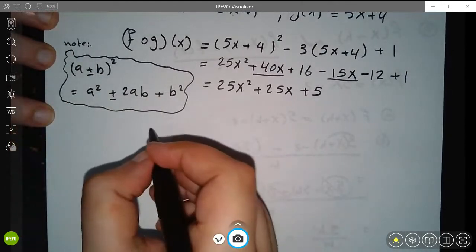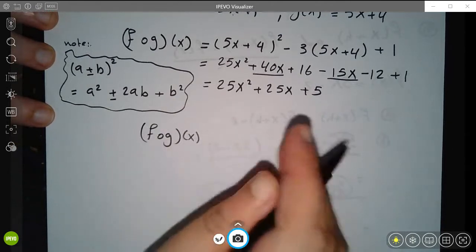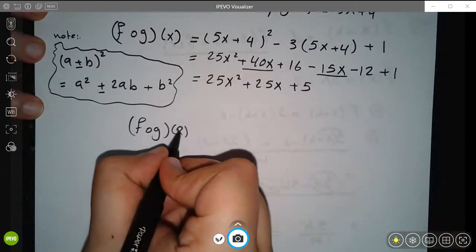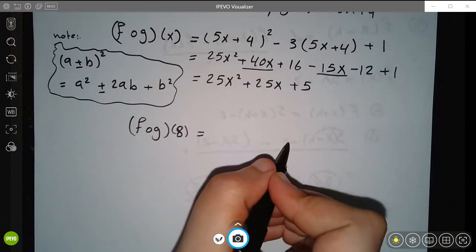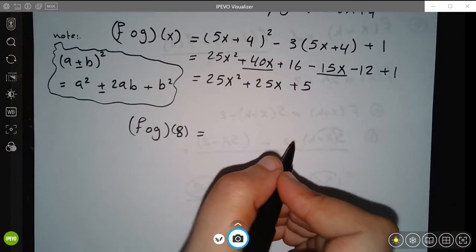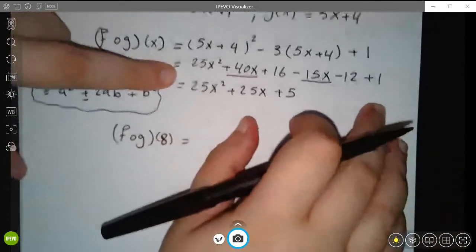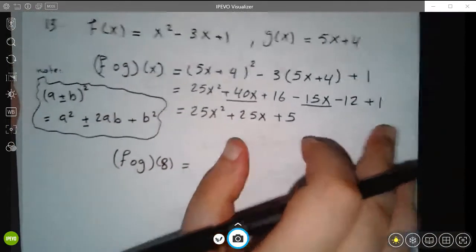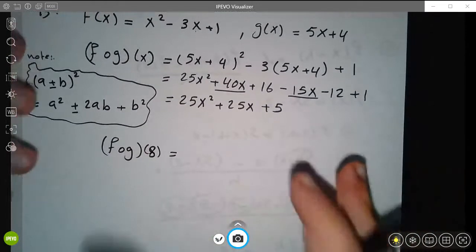Anyway, so if I set the composition of f and g, oh, we said it's not going to be x. Okay, let's make it 8. Of 8, yes? So now it's a number. It's 8. All right. So instead of doing it this way, which, like I said, always works, you're going to do it the second way. The second way is basically that you're going to do them one at a time.